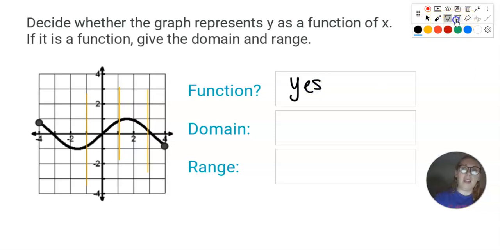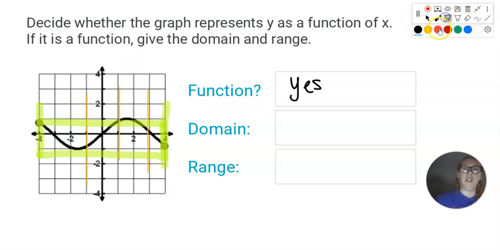When we're thinking about the domain, we're looking at the x values. We're reading the graph from left to right, trying to figure out what all the x values are in this span of space.